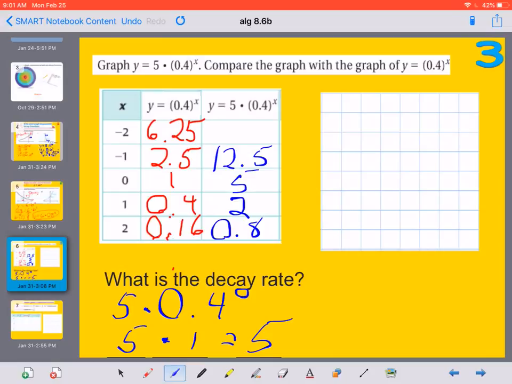And 5 times 0.4 to the power negative 2 gives me 31.25.